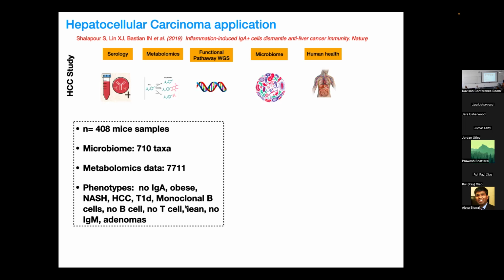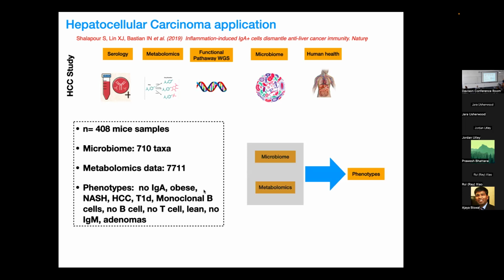There are also different indicators related to immunology, some of them T cell and B cell, and these are all indicator variables, yes and no. And she was asking a simple question: how are my phenotypes associated with these microbiomes and metabolites?